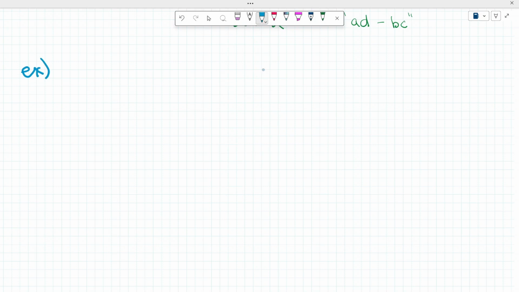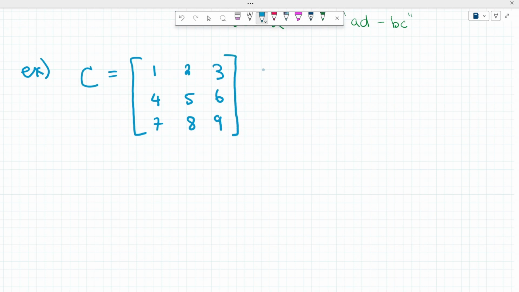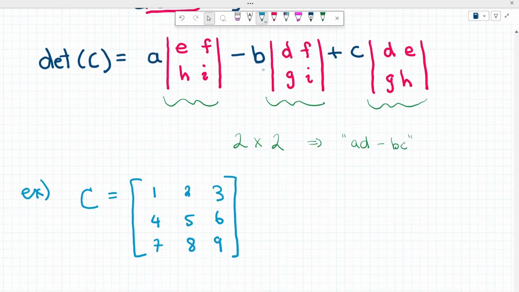For example, we have our matrix C, and it has the following entries: 1, 2, 3, 4, 5, 6, 7, 8, 9. So we're just taking our integers from 1 to 9. Now let's go ahead and use our formula, which we worked so hard to derive up here.